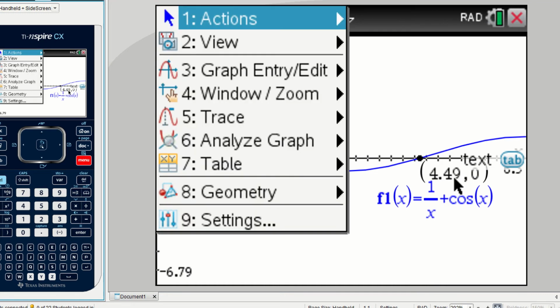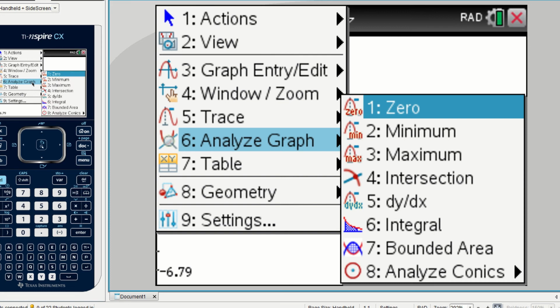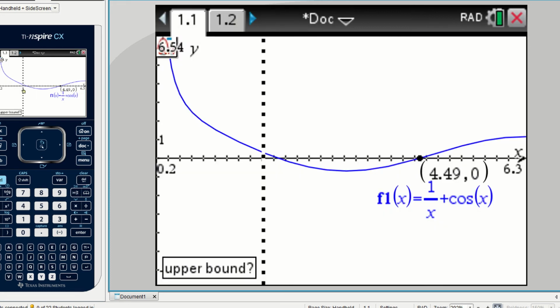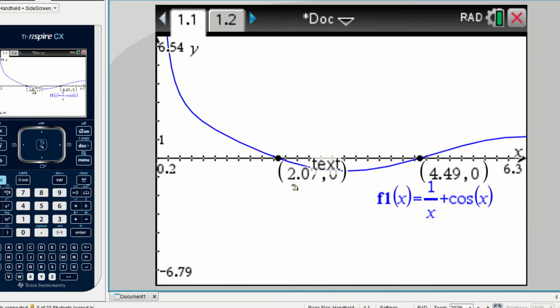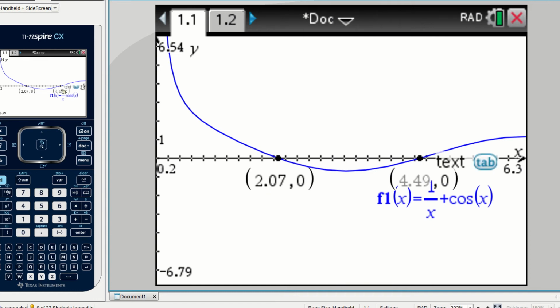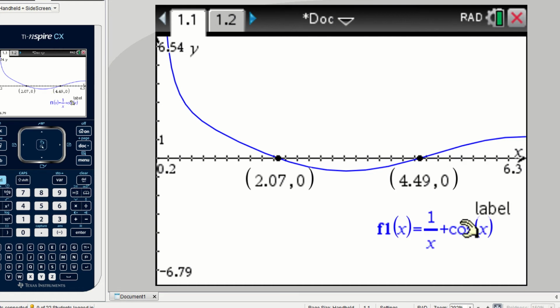Now we have to do that again. Analyze graph, 0. Let's go. So there's the other one. So I have my two zeros, 2.07 and 4.49. So again, the 2.07 and the 4.49, that's the value of the extrema.